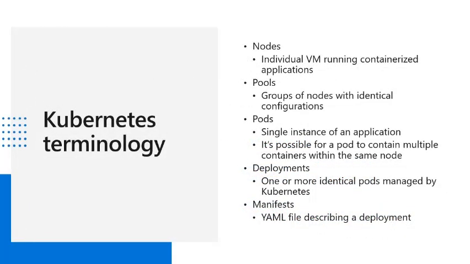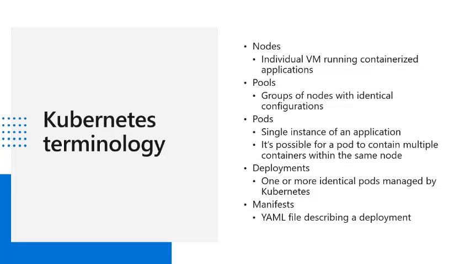Kubernetes terminology. So we have different terminologies: nodes, pools, pods, deployments, and manifests. Nodes: an AKS cluster has one or more nodes, each an Azure virtual machine that runs Kubernetes node components and the container runtime. In AKS, the VM image for the nodes in your cluster is currently based on Ubuntu Linux. When you create an AKS cluster or scale up the number of nodes, the Azure platform creates the requested number of VMs and configures them. There is no manual configuration for you to perform.